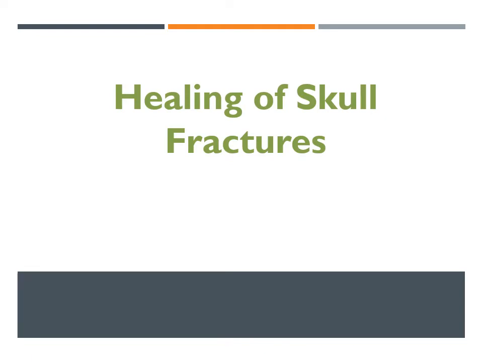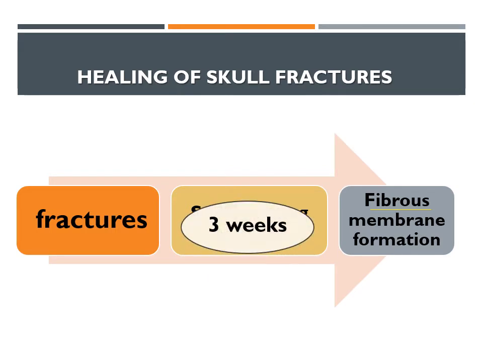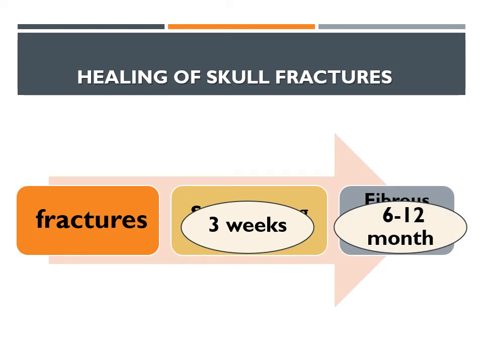Healing of skull fractures. Healing of skull fractures occurs in the form of smoothing of the edges, and it takes 3 weeks. Then formation of fibrous membrane, and this takes 6 to 12 months.